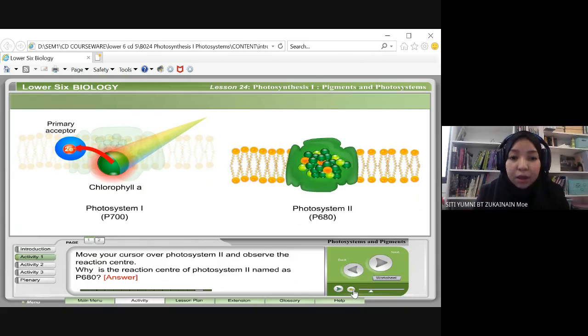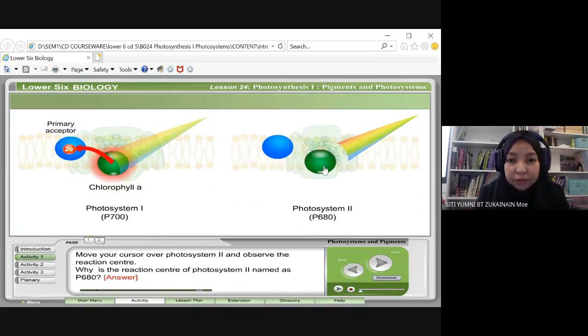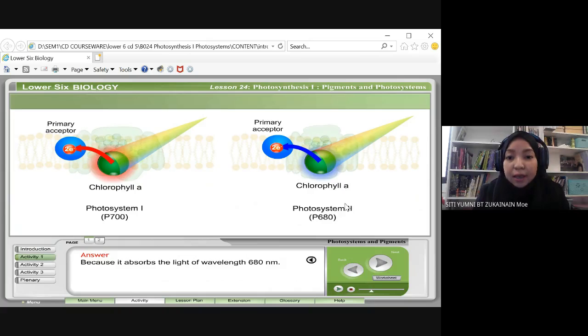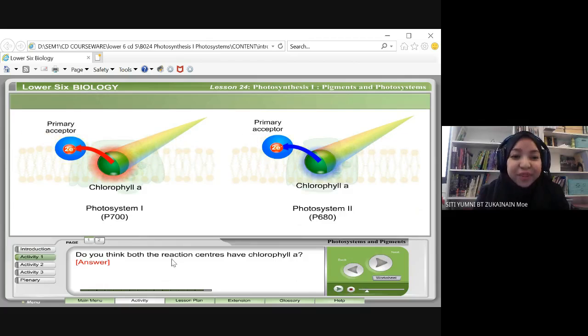Now I will move my cursor over photosystem 2 so you can observe the reaction center. Why is the reaction center of photosystem 2 named P680? As you observe, it absorbs light of wavelength 680 nanometers.